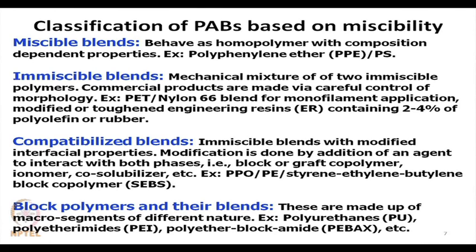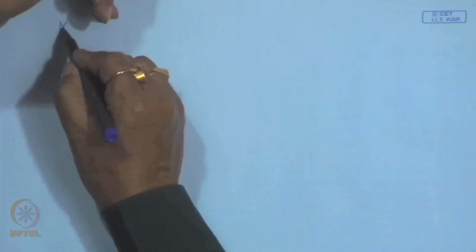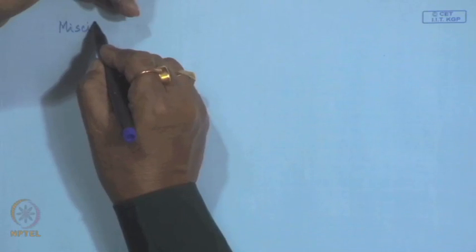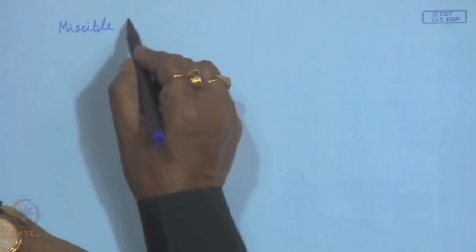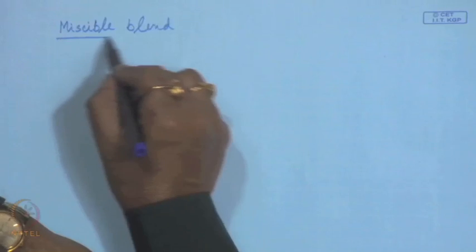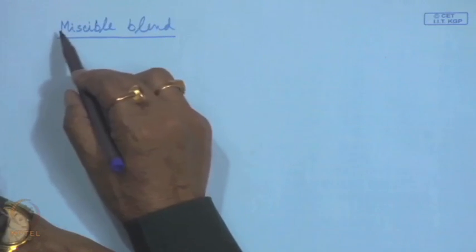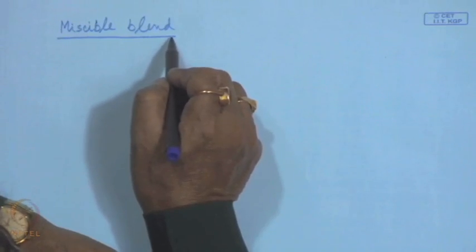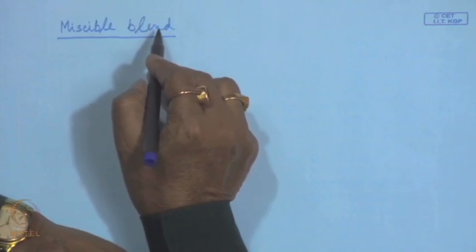If we look into the classification of polymer alloys and blends based on their degree of miscibility, degree of mixing, degree of compatibility, the miscible blends should behave as a homopolymer. This is one of the classes of polymer blends and alloys.